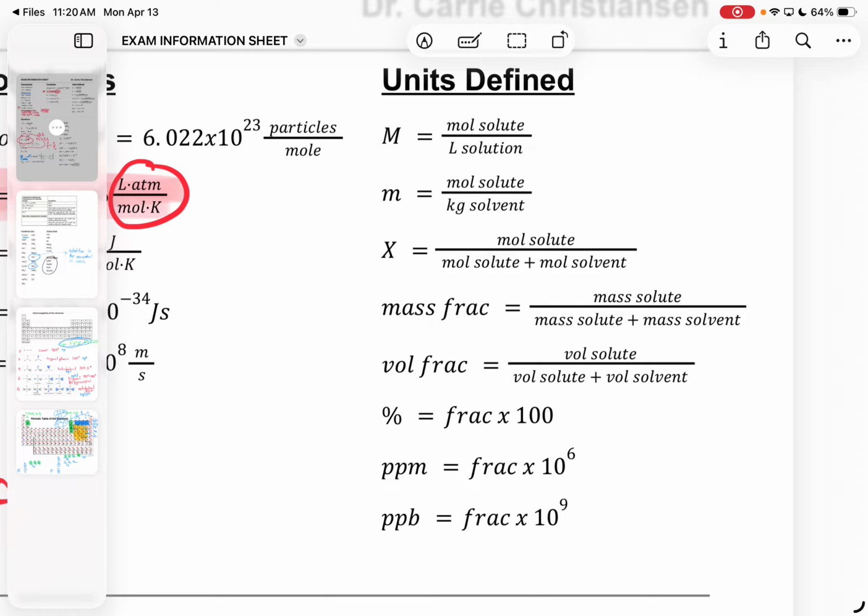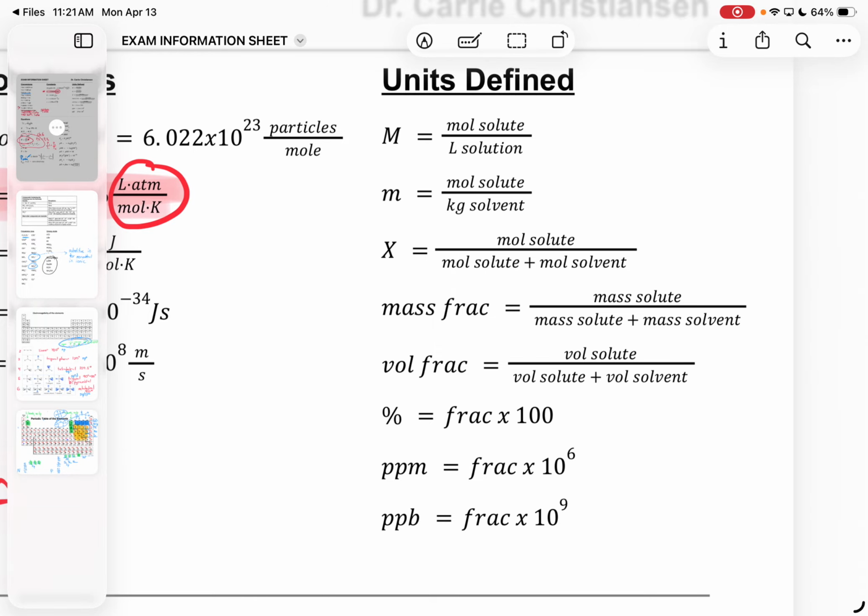If it says parts per billion volume, you would use the volume fraction times a billion. So just recognize that these are all very connected to each other, and those two are the ones we use in further calculations. Even though it feels like there are a lot of different ones, they're all very tied together.